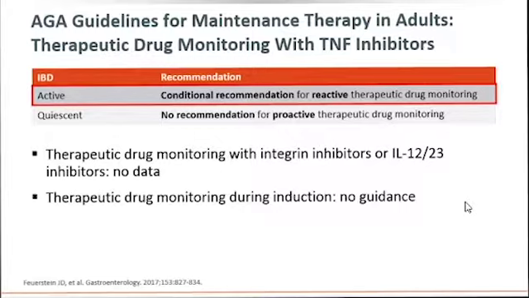Reactive means that the patient was doing well during maintenance and lost response, and then you react to the drug. Quiescent: if the patient is doing well, you plan proactive therapeutic drug monitoring. For therapeutic drug monitoring with integrin inhibitors and interleukin inhibitors, we don't have data yet. And during induction, there are no clear guidelines.